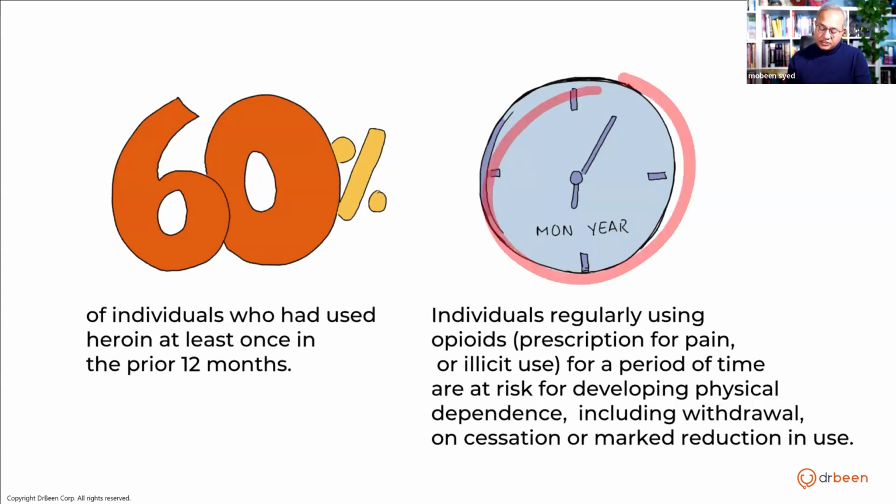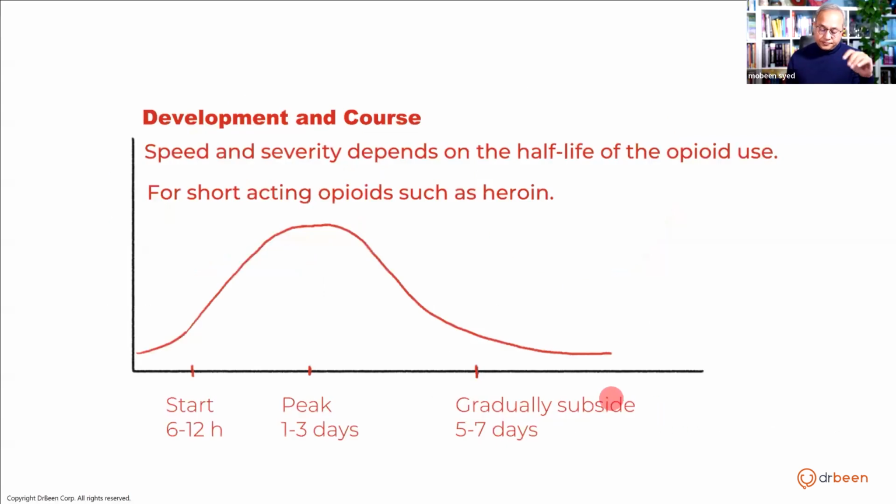Then at some point in time, individuals regularly using opioids, prescribed for pain or illicit use, for a period of time are at risk for developing physical dependence, including withdrawal on cessation or marked reduction in use. Similar message, just repeating in various ways. So this is the prevalence. Now, development and course.